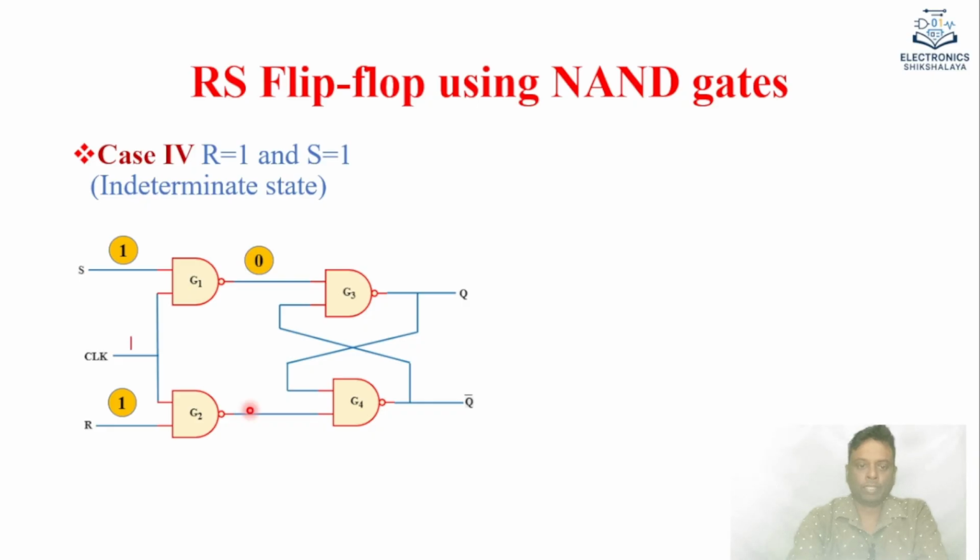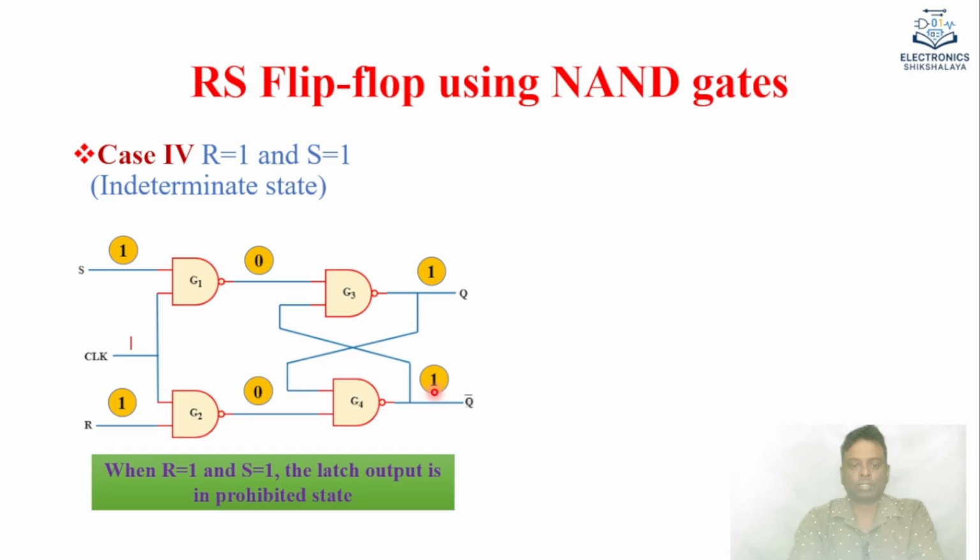Similarly, the G2 output equal to 0. So 0, 0 means if any input of the NAND gate is 0, it forces the output to be 1. So both the outputs are, you can see, 1 and 1. So that is the indeterminate state. Q and Q bar should be complementary to each other. So this is the prohibited state or invalid state. So when both the inputs are 1, the latch output is in the prohibited state.